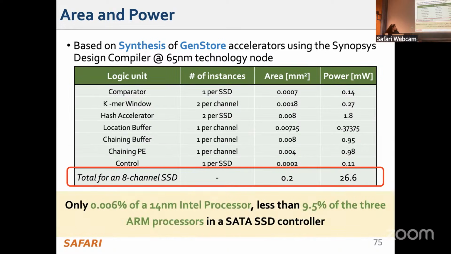If we use some scaling factors, we can see that it takes a negligible ratio compared to an Intel processor at 14 nanometer, and less than 10% of the 3 ARM processors in a SATA SSD controller. It's important to note that on SSD controllers, we also have other hardware units, so it's a rich environment anyway. Compared to just those 3 cores, it takes very small overhead.